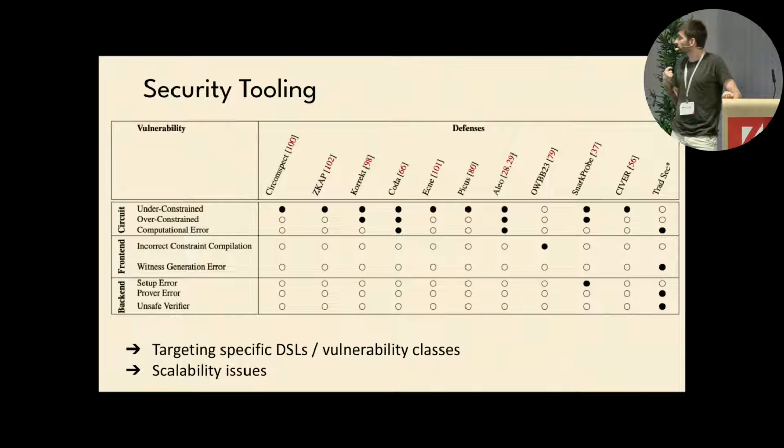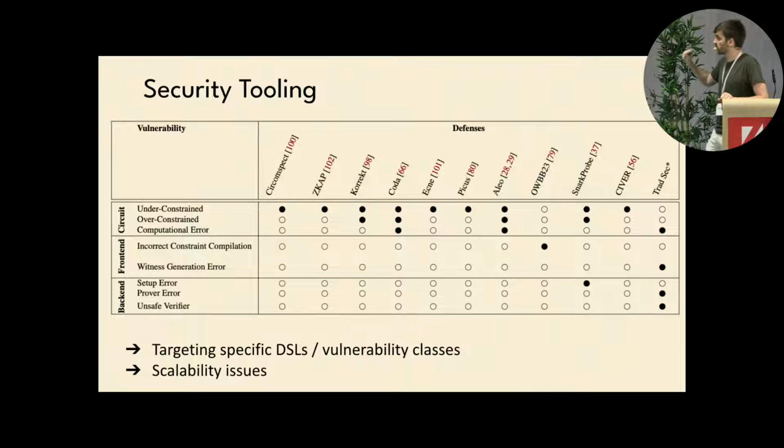Finally, there have already been many efforts on developing and creating tools for detecting some of those bugs. We have categorized them based on which layer they focus on and what kind of vulnerabilities they can detect.